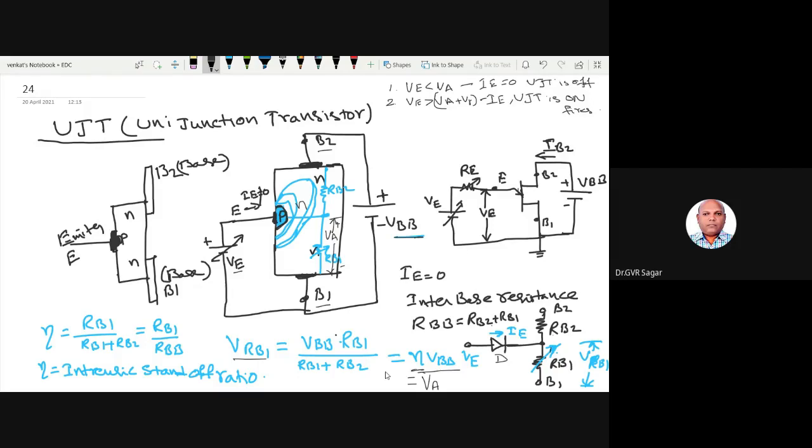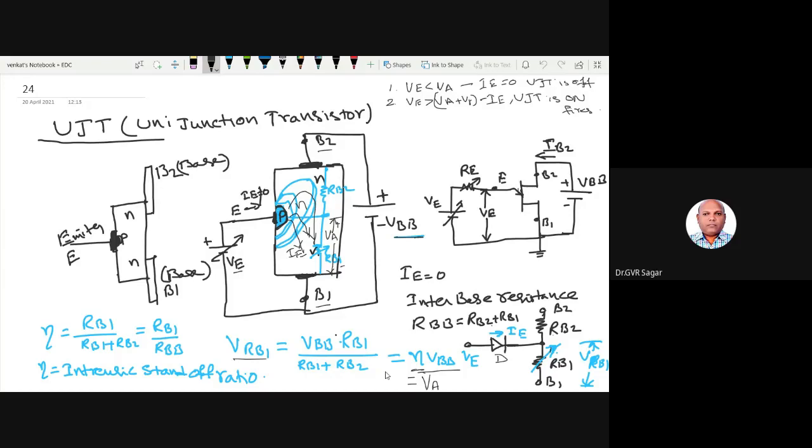So the resistance RB1 decreases with increasing IE. How did this IE come about? Some particles come like this, some particles come like this, right? All of these constitute the current IE. So when IE increases, the resistance of RB1 decreases, right?